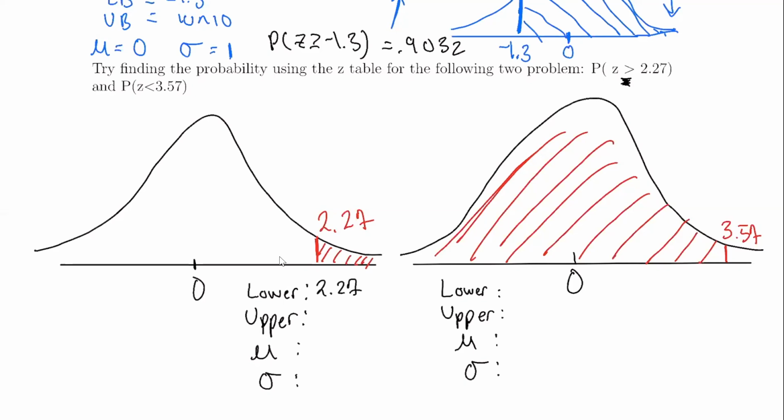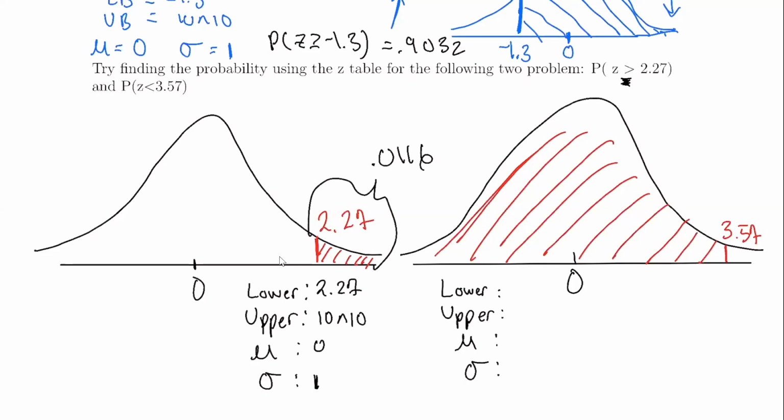The upper will be pretty much infinity, but since we don't have a button for infinity, you put 10 to the 10 power, you put mu is equal to 0, sigma is equal to 1. And if you do that, you get 0.0116. So this area over here is 0.0116. And that was it for that first one.